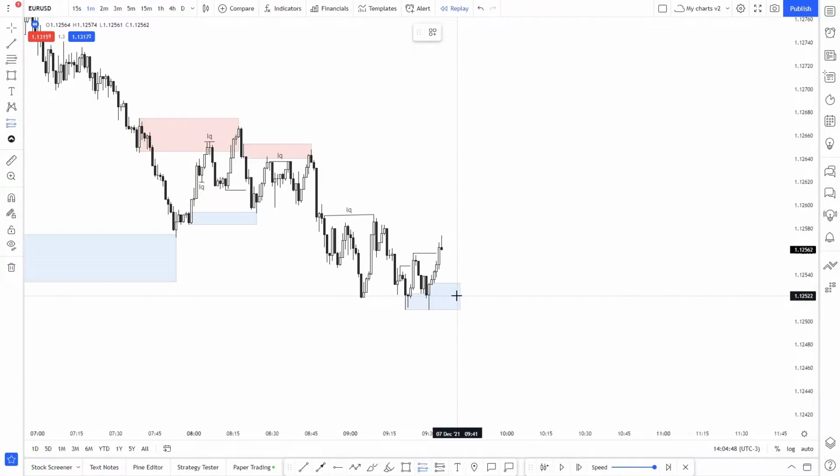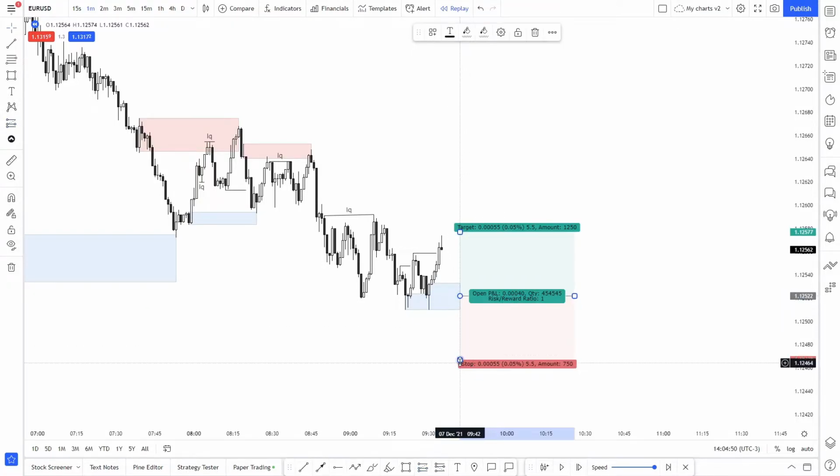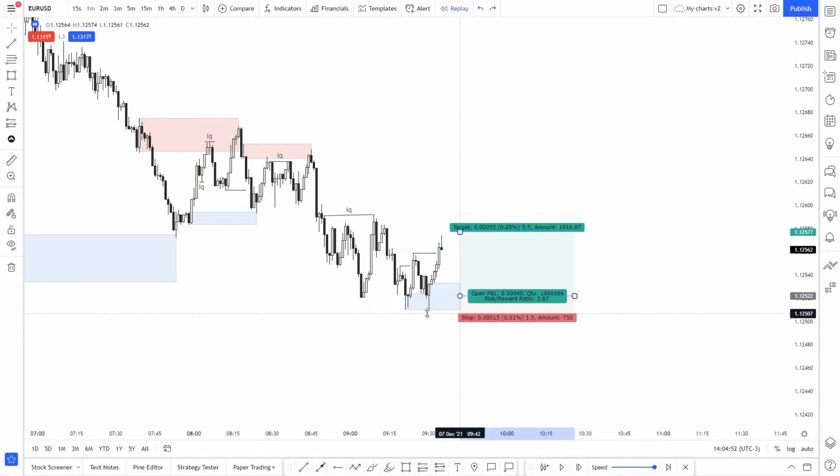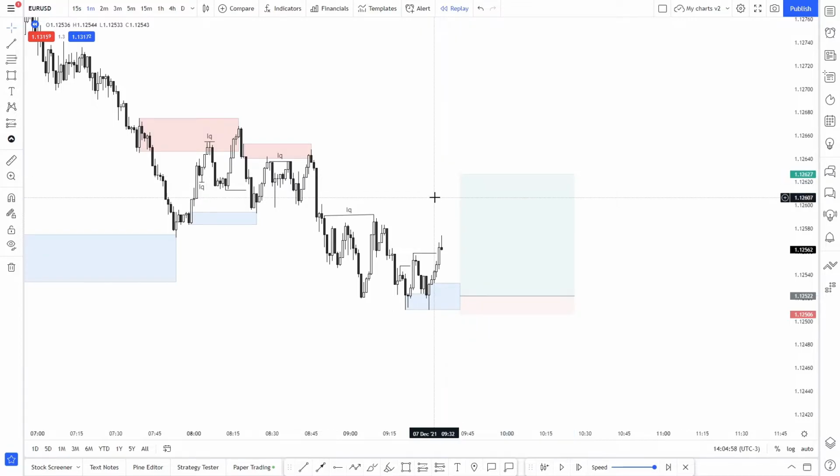But going for something like this could definitely make sense to go all the way up to that area we are expecting, right? Up to this. Yeah, I guess, but it's just a little bit too risky.